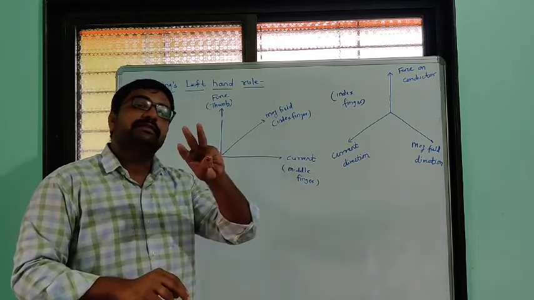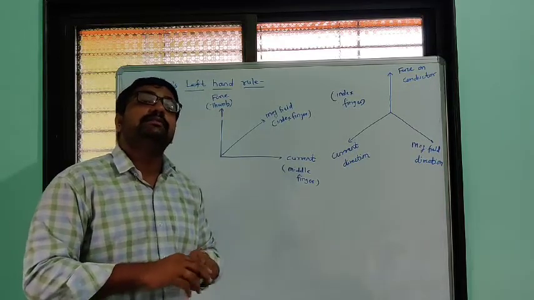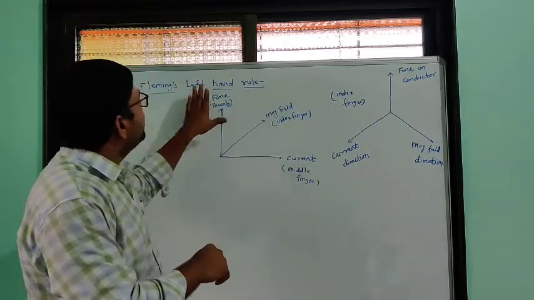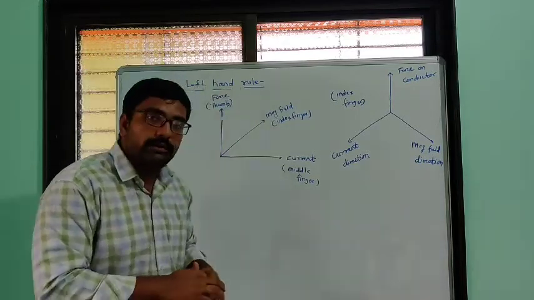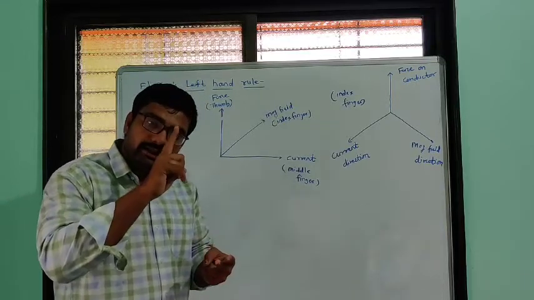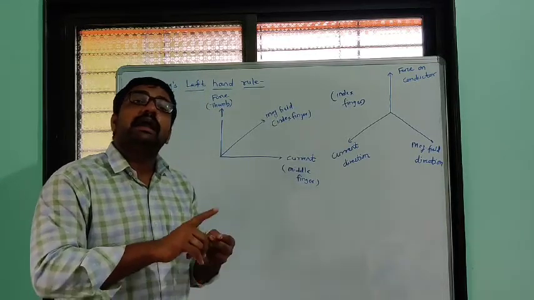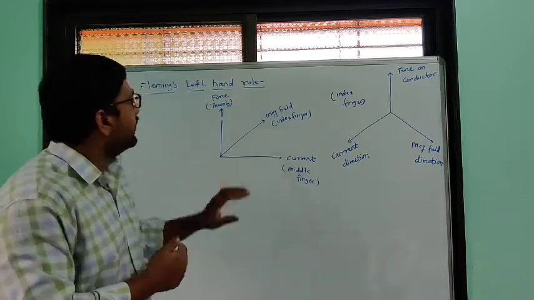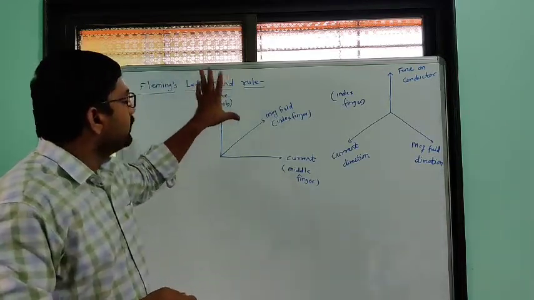That relation is given by Fleming's left hand rule. The magnetic field, electric current direction, and force: these three things' relation is defined by Fleming's left hand rule.